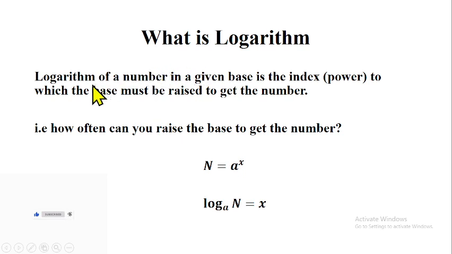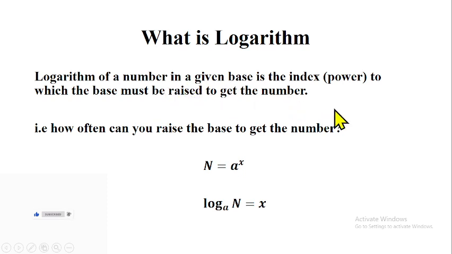So let's talk about the definition of logarithm. Logarithm of a number. That means you can find a logarithm of any number. That's the first thing you need to know. You can find the logarithm of any number in a given base. That means the logarithm you are dealing with must be in a particular base. The default base of logarithm is base 10.